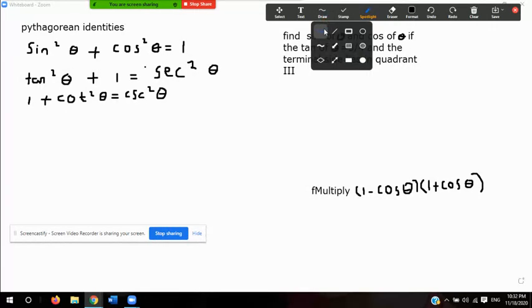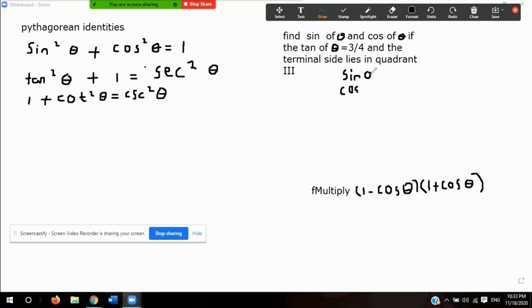Well, what do we need? We need to find the sine, which we don't have. We need to find the cosine, which we don't have. And the only value that we do have is the tangent. So the sine of theta and the cosine of theta are our mystery values, what we don't have.